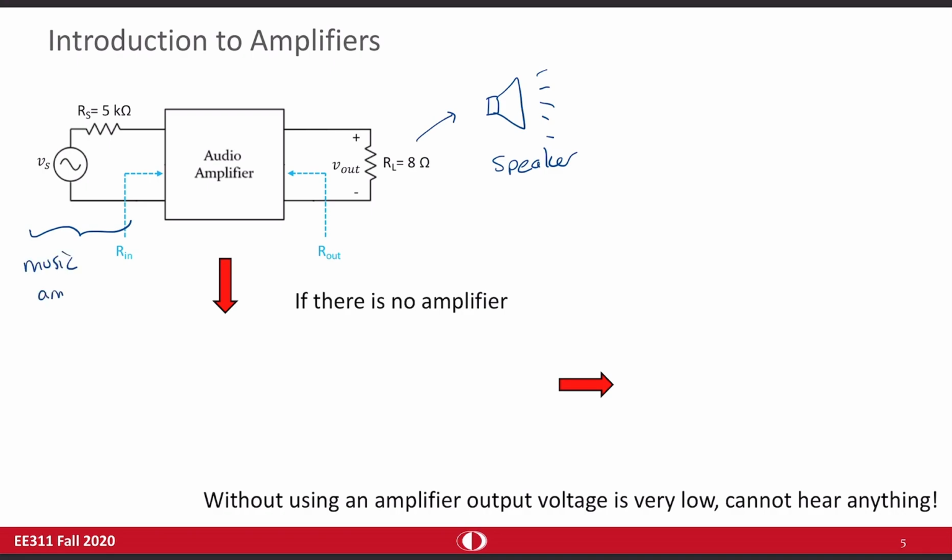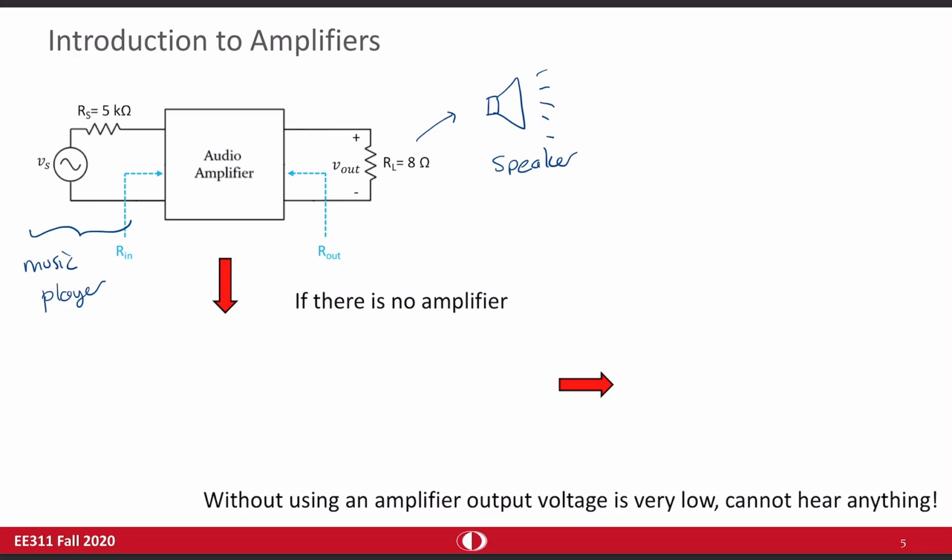But assume that this music player lacks the audio amplifier at the end. So you buy the speaker from the market, you come to the house, and you have this imaginary music player without the audio amplifier, and you want to hook up this speaker to the music player and listen to very loud music, right?